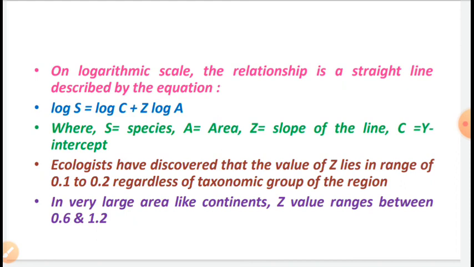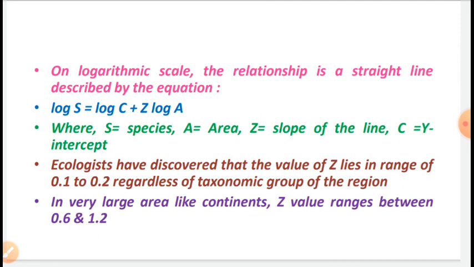But if we analyze the species area relationship among very large areas like entire continents, we find that the slope of the line is much steeper. Previously the value was between 0.1 and 0.2; here the Z value is in the range of 0.6 to 1.2.